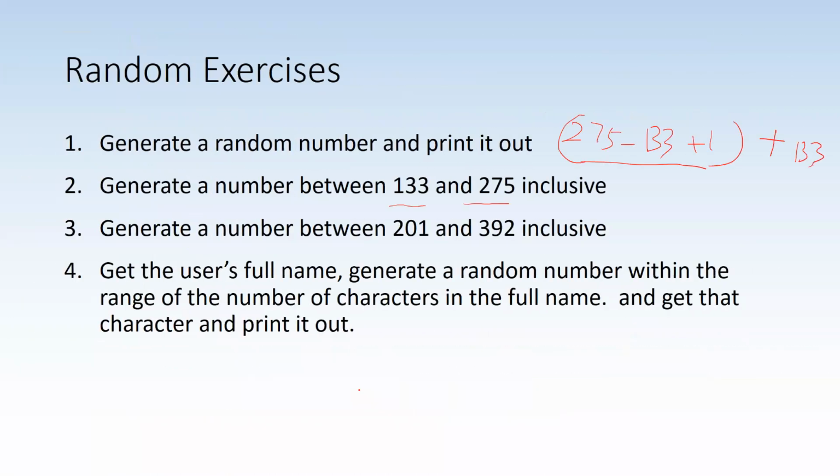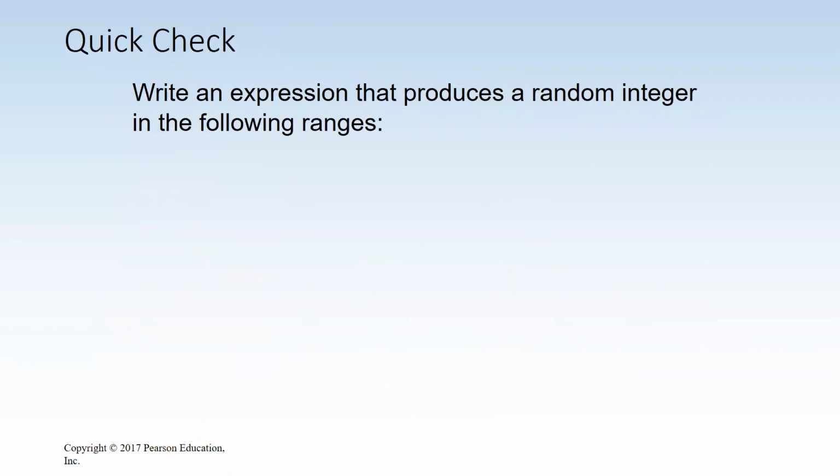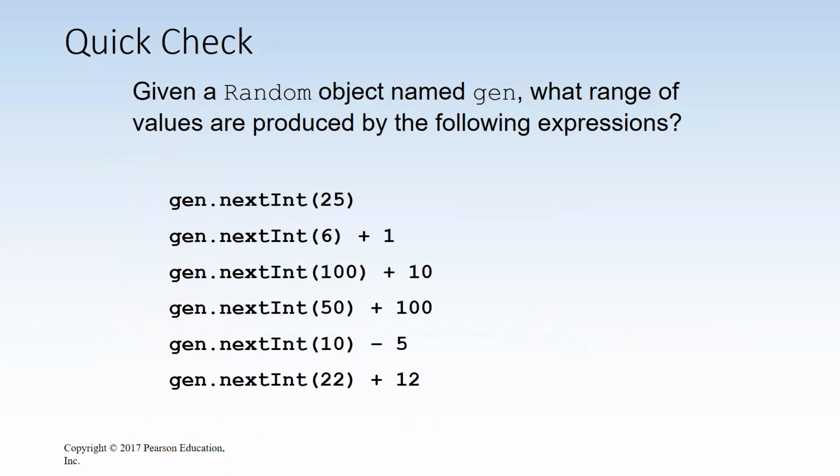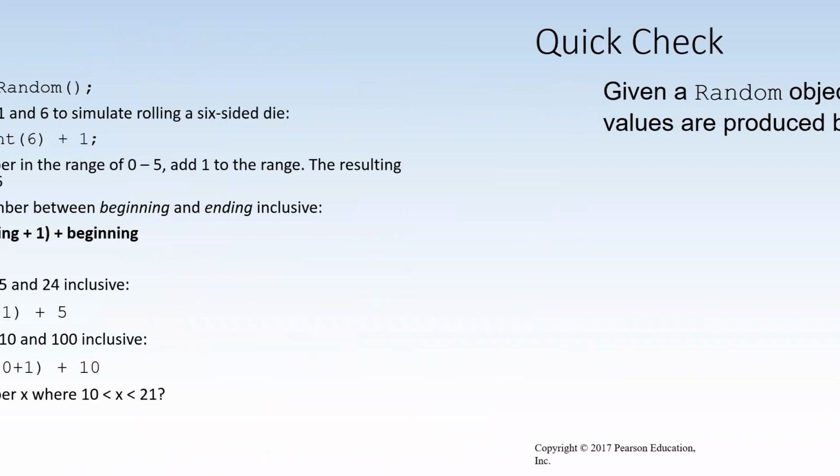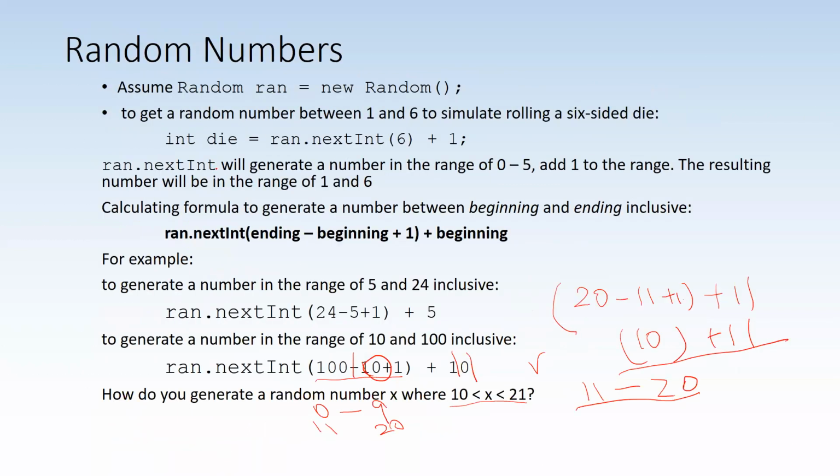Look at random. How do we use the random class? We have to declare, create an object, and use that reference variable to call the method, right?